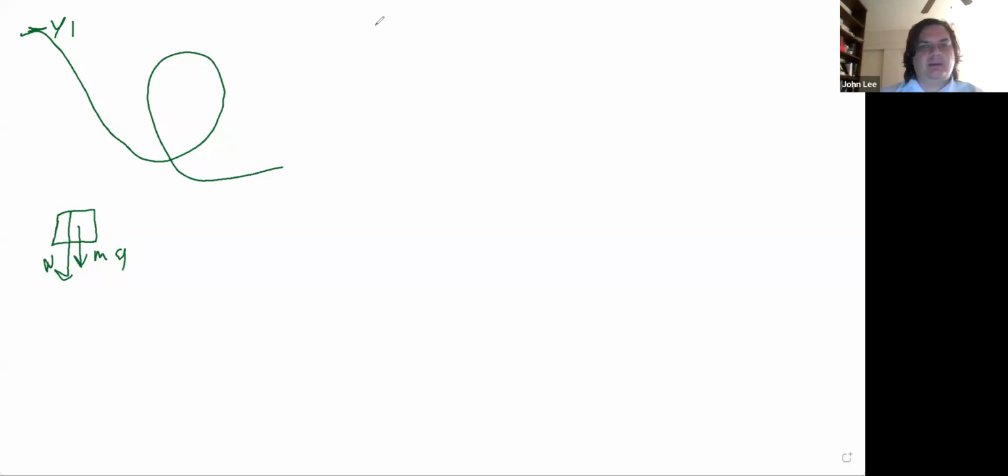And then you know from centripetal acceleration from last week or the week before that mv squared over r equals ma pointing down, is equal to n plus mg. So v squared, oh, I put a v squared over r squared for some reason.